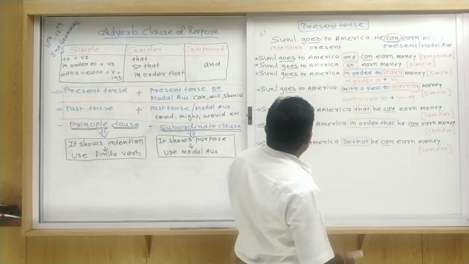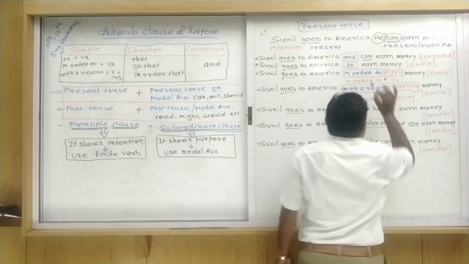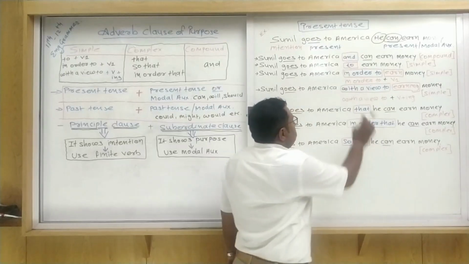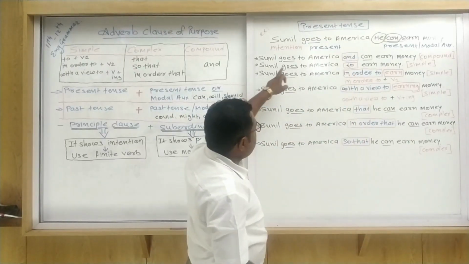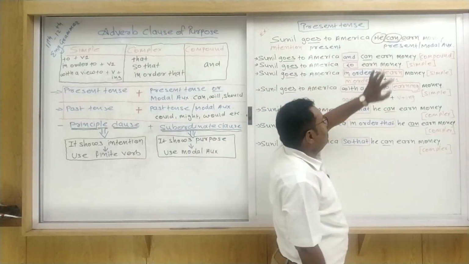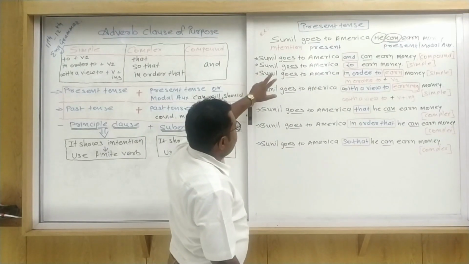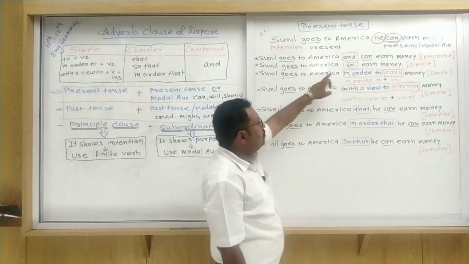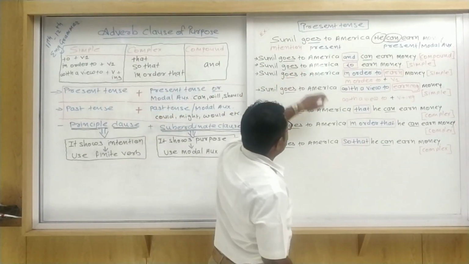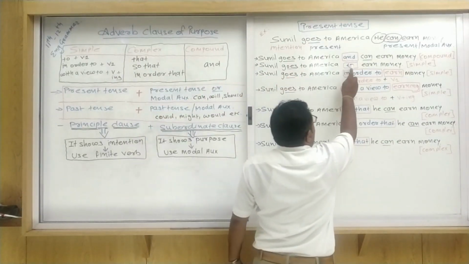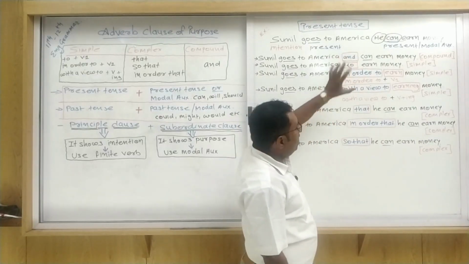So Sunil goes to America, remove the full stop and add here and can earn money. Dear friends, I remove the pronoun he. Why? Because I use the conjunction and here. So: Sunil goes to America and can earn money. Another thing is that suppose I use to, the simple sentence, to. So Sunil goes to America to earn money. So I remove and. Okay.